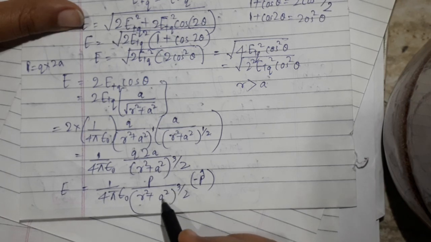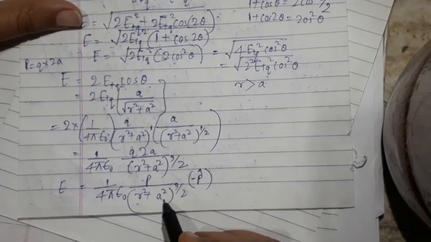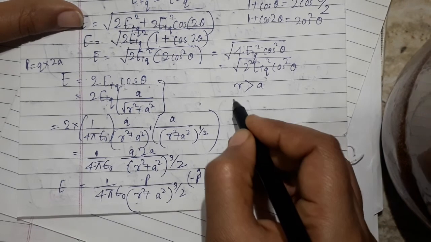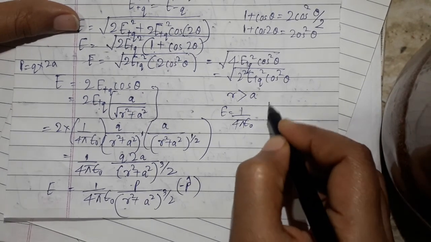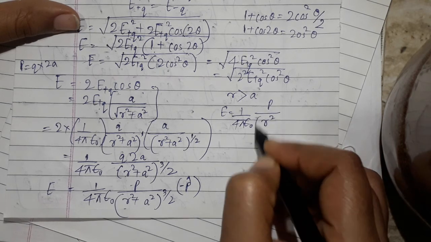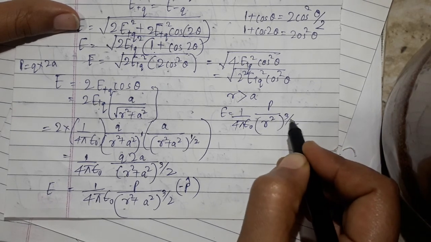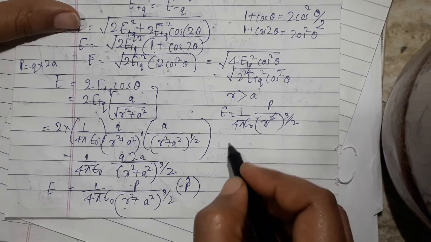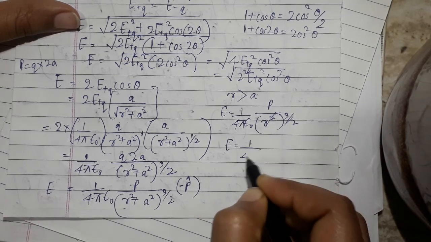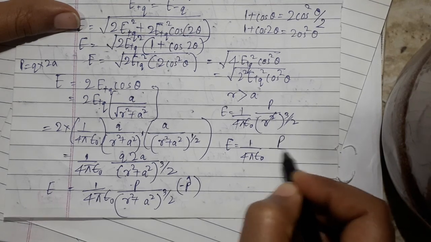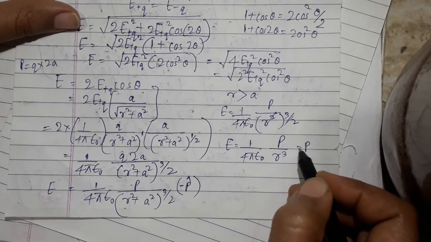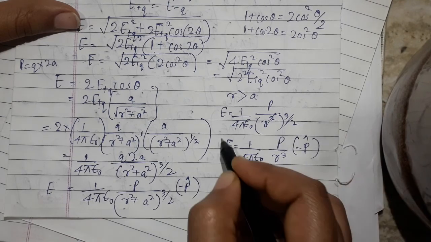Then E is equal to 1 by 4 pi epsilon naught P divided by R square to the 3 by 2, hence E is equal to 1 by 4 pi epsilon naught P divided by R cube, along minus p vector.